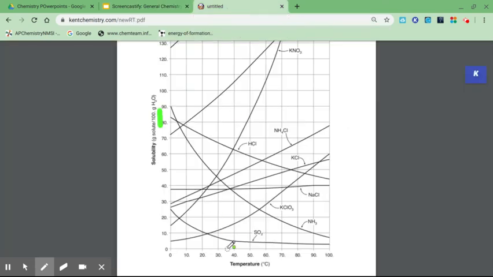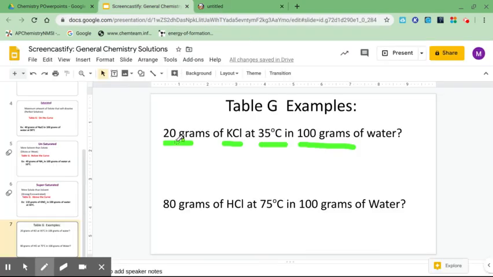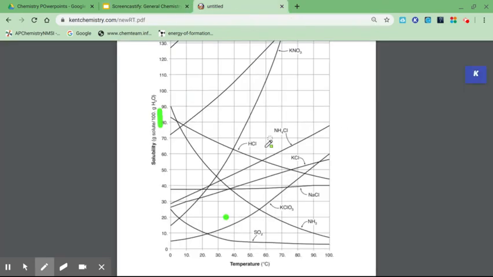So 35 degrees Celsius, it says 20 grams. So 20 grams of KCl at 35 degrees Celsius is right here at this point. Notice that the curve for KCl at that same temperature is right here.